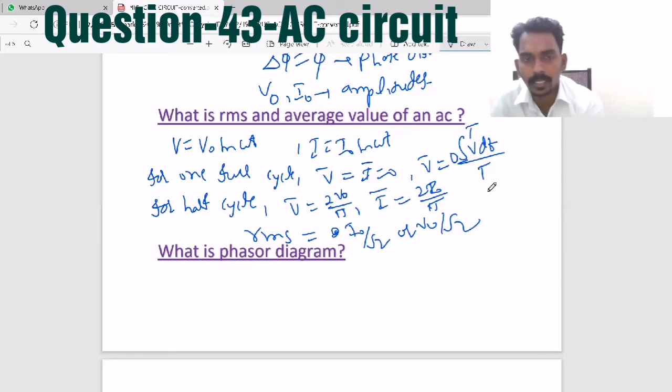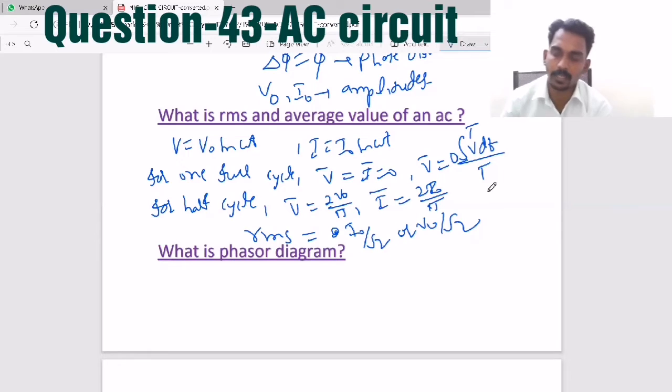So questions can be asked based on these simple things, like what are the RMS and average values of an AC circuit. Sometimes they may give an unknown function, not like sine or cos. Then you have to go for integration.